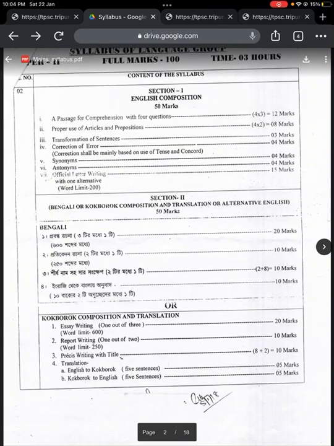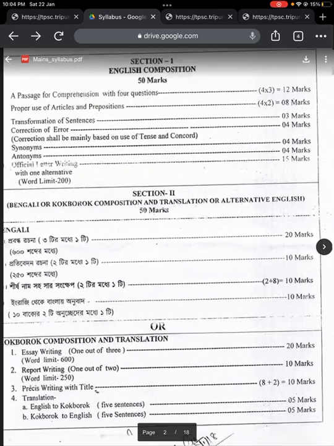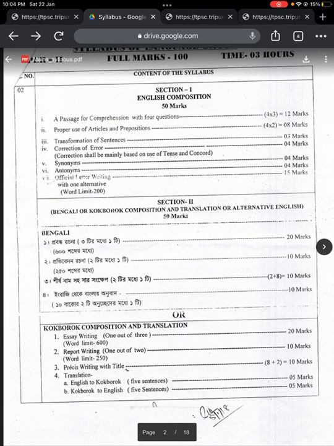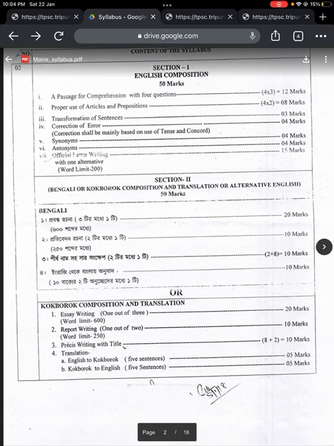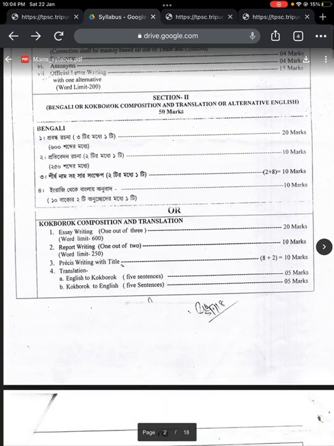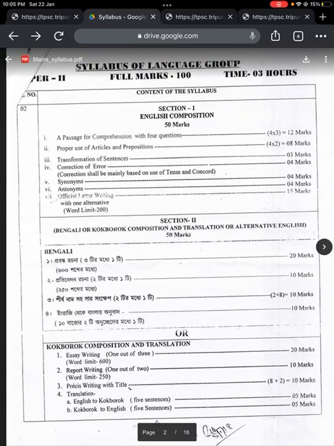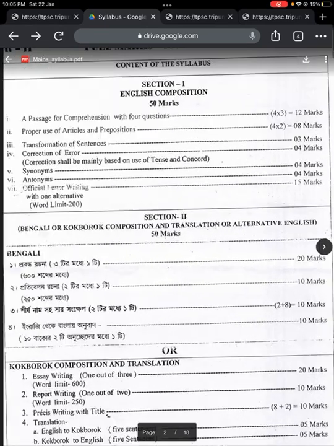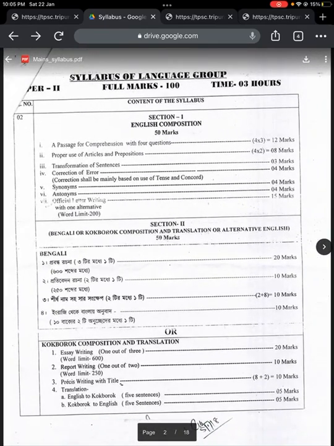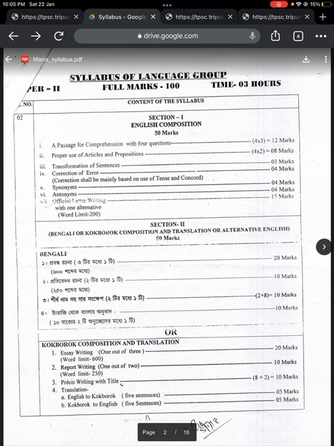And in the Bengali portion, see 20, 10, 2 plus 8 and 10. So you can easily comprehend that scoring would be much easier in alternative English. During my time, I was not very clear about the syllabus, so I chose Bengali. Anyways, you can choose anything you want. I don't think the marks would vary much.